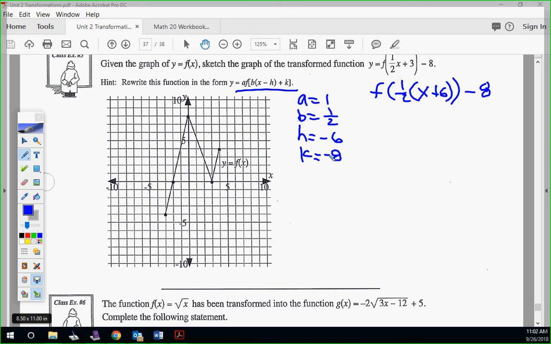Okay, so let's go ahead and do these. We don't have any reflections, so that's nice. We're just doing a little bit of movement. Let's do our horizontal stretch of 2 first. So it's going to stretch by 2. This is negative 2, so it's going to be negative 4. This is 3, it's going to be 6. Same thing here, this is 4, it's going to be 8.